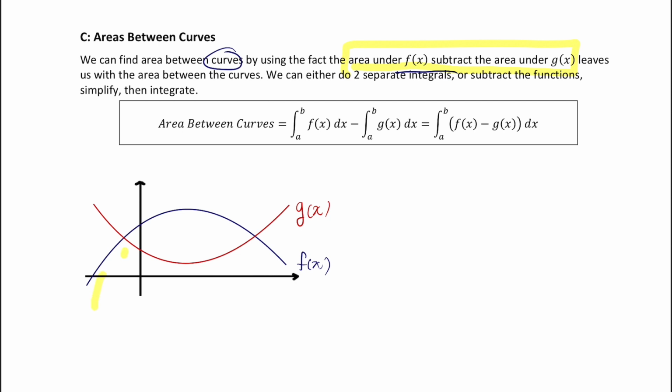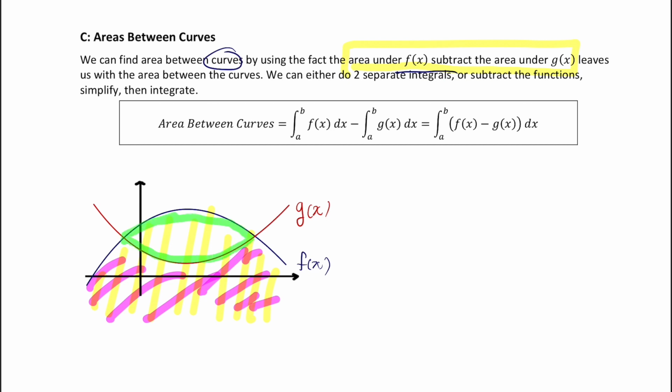When f of x subtracts g of x, which takes the lower part, the only part left is this area between these two curves. That's the reason why when we calculate the areas between the curves, we always subtract g of x from f of x.